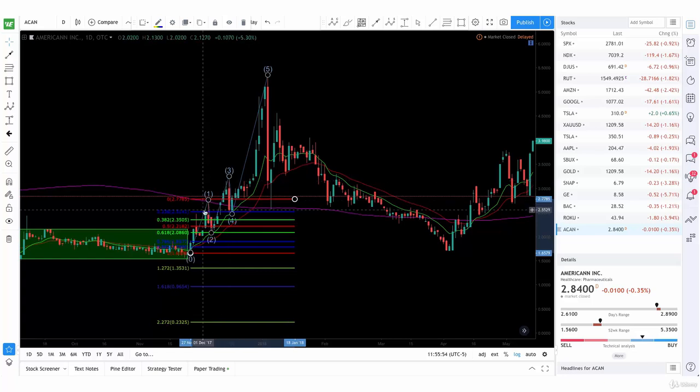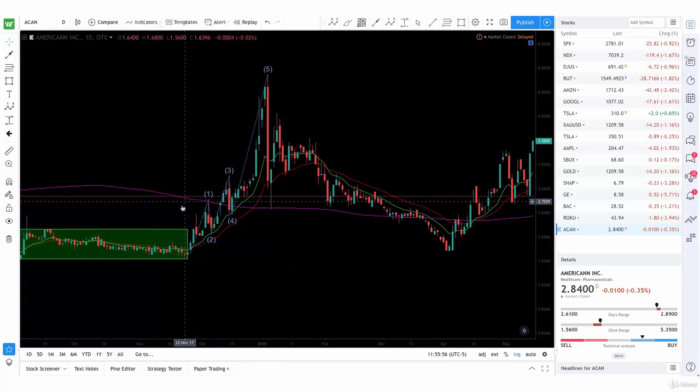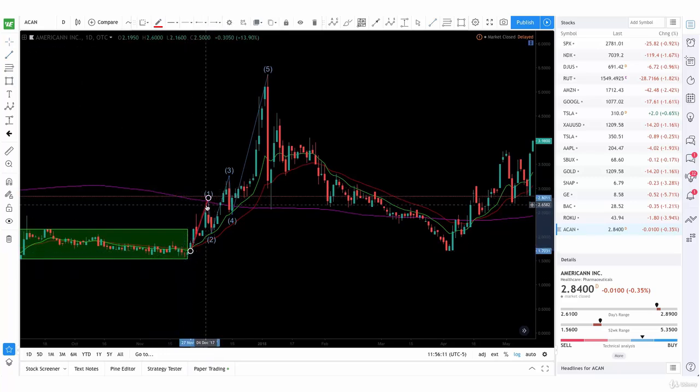This is our third wave. Now, how do we know the length of a third wave? What should it look like? There's a rule that the third wave cannot be the smallest wave, or shorter than the first wave.